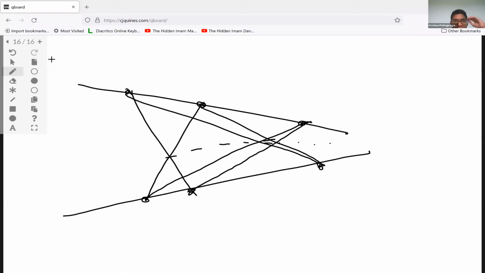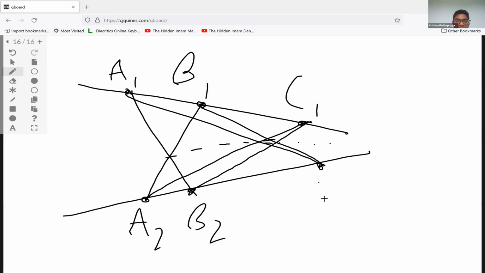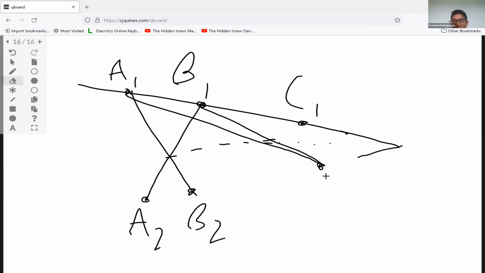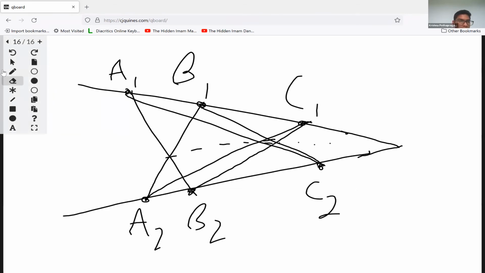Here we go. So we want to show that these 3 points are collinear. I think I said A1, B1, C1, A2, B2, C2. I'll just do this one out because I don't expect you to be able to do this right away.